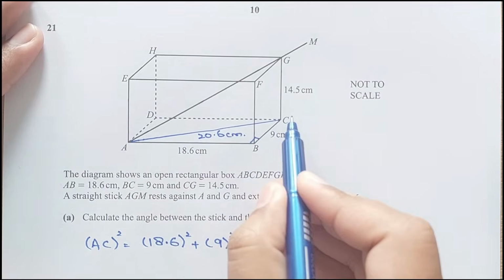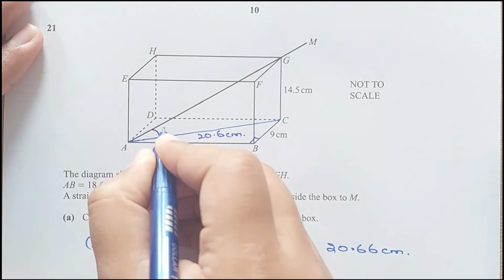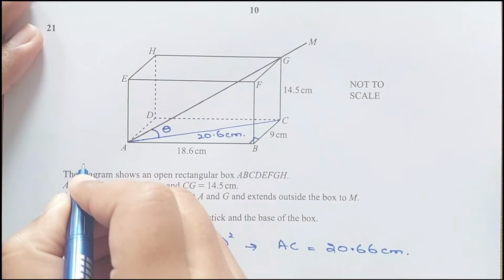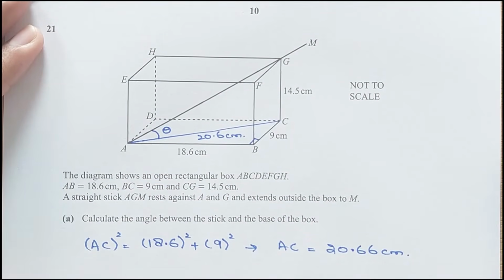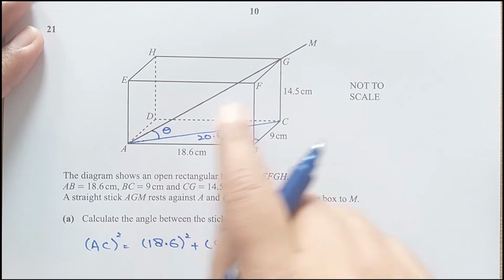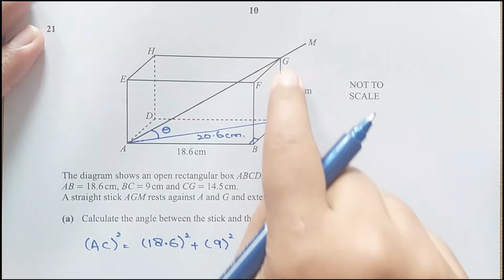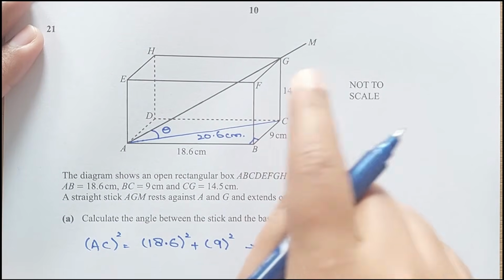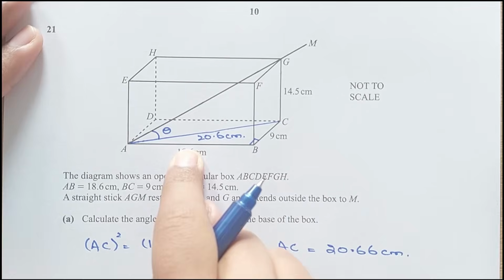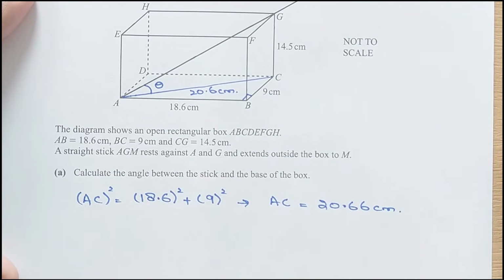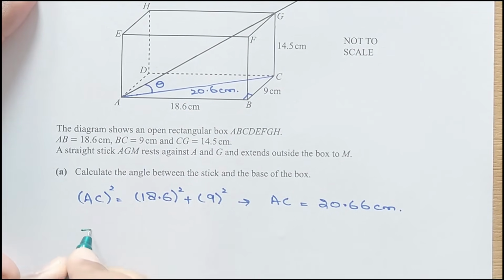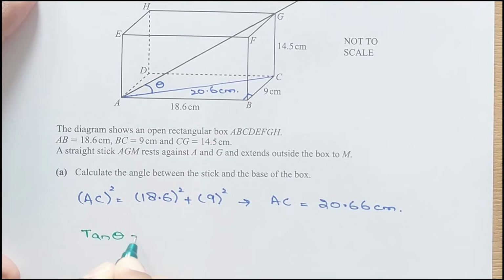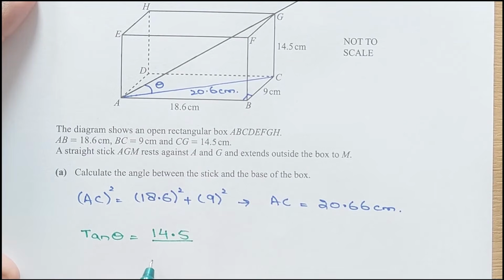Now we have AC. Now we need to find this angle theta that the stick makes with the base of the box. The front side is opposite and this is adjacent, so we can use the ratio for tangent here. So tan theta equals the opposite, 14.5, divided by the adjacent side, 20.6.